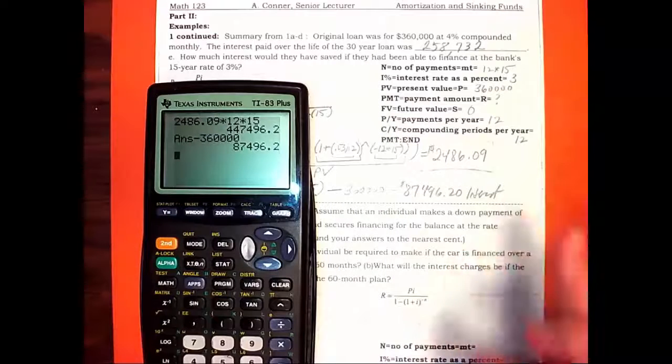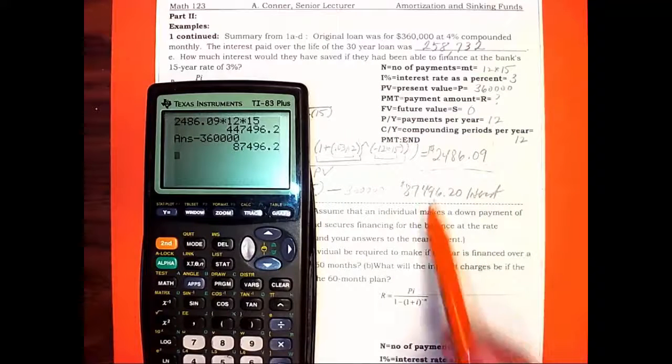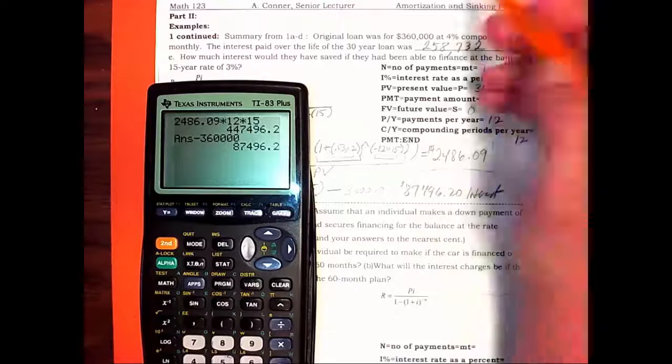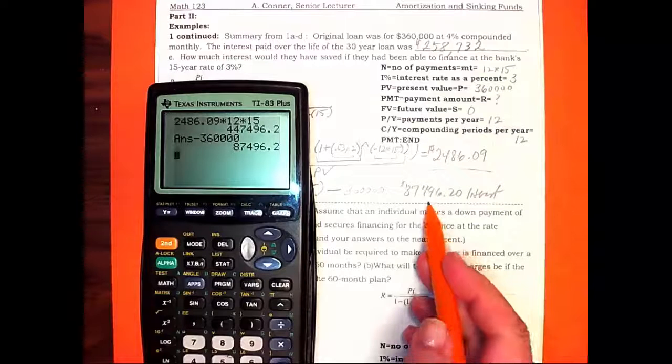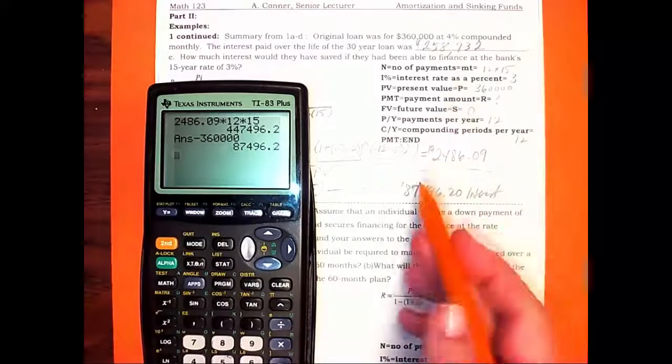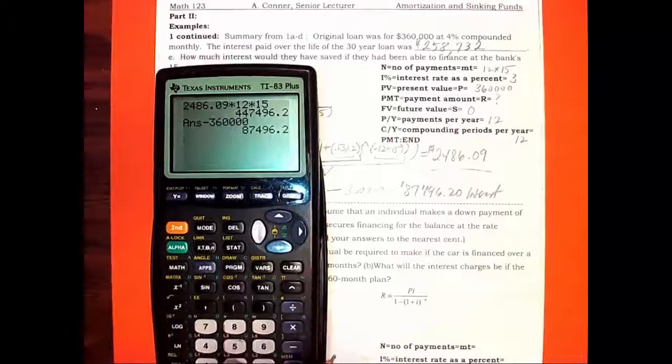This is how much interest they paid if they got the 3%. This is how much interest they paid at the 30-year rate. So if we wanted to know how much they saved at this rate, then we would have to do what with these two numbers? Well, yeah, we would have to subtract. So we could take 258,732 minus 87,496.20.